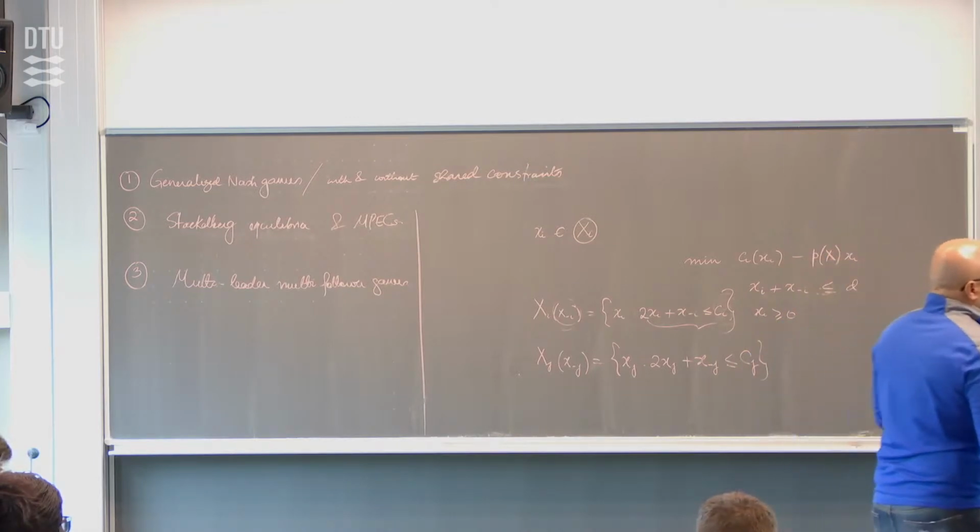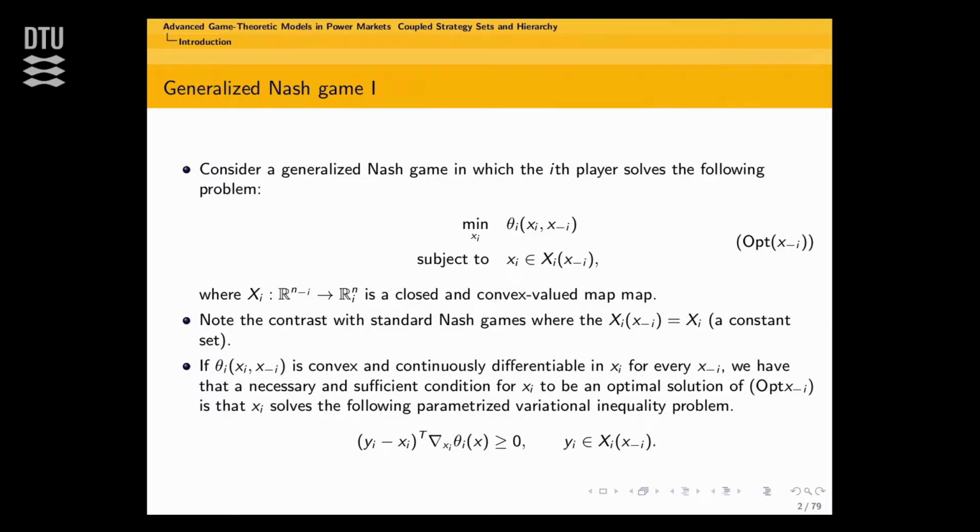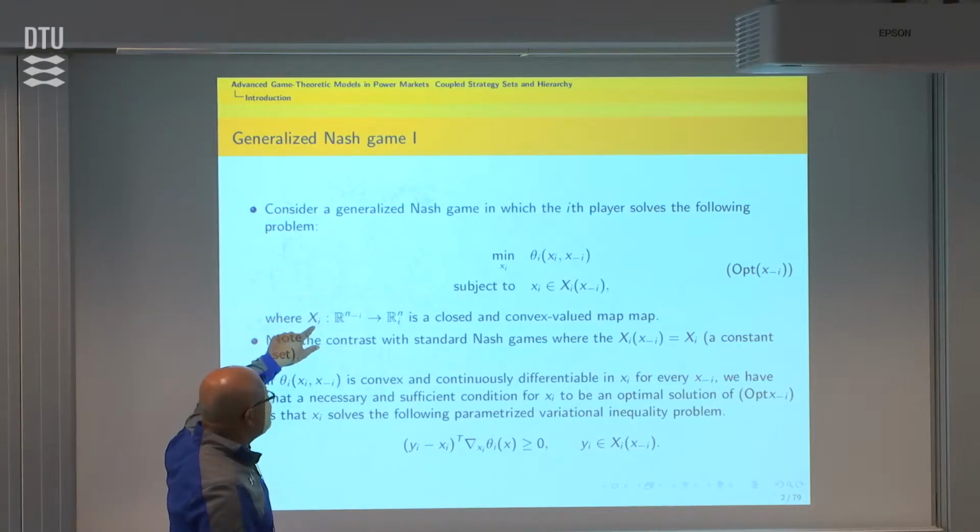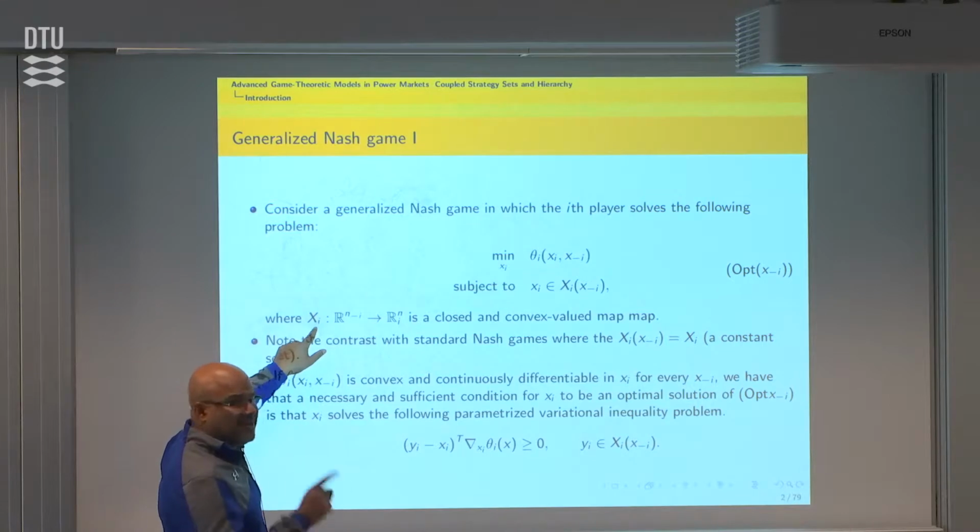And somehow this multiplier has to be updated or specified in some way. But in the absence of such a relaxation, given x_{-i}, generally we assume, at least in this context, because we are adhering to the requirements of convexity, that X_i, I want to make sure you can understand what I've written here, X_i is a mapping. It's not a set anymore, it's a mapping.